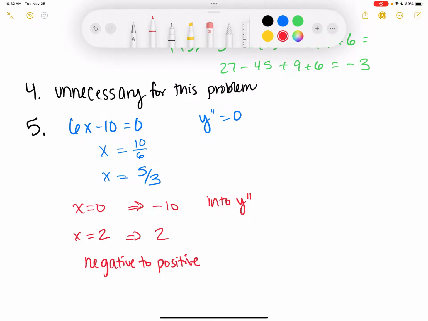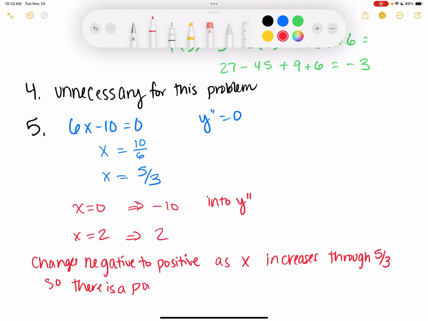So because it changes from negative to positive as x increases through 5/3, there is a point of inflection at 5/3 and f of 5/3.